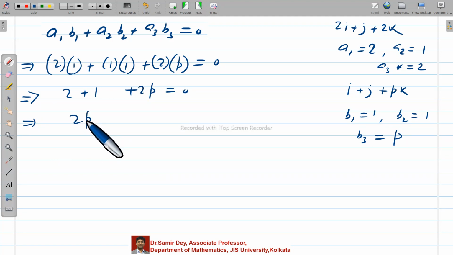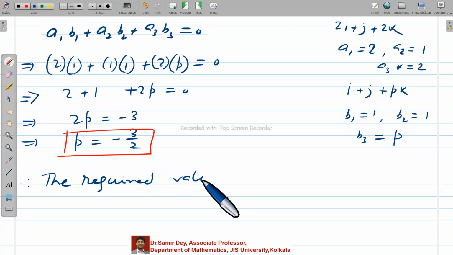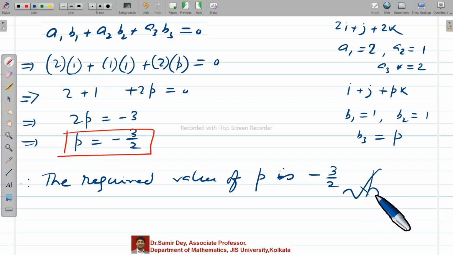So ultimately 2p is equal to minus 3 and p is equal to minus 3 by 2. Please write down the required value of p is minus 3 by 2. Clear? Is it okay? Very good. Thank you.